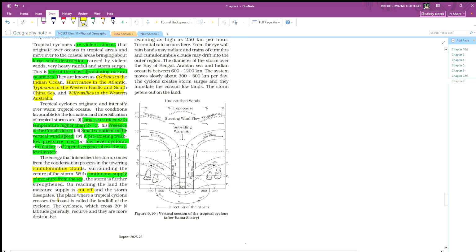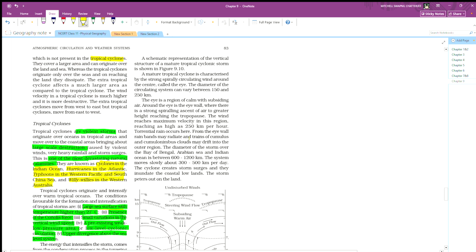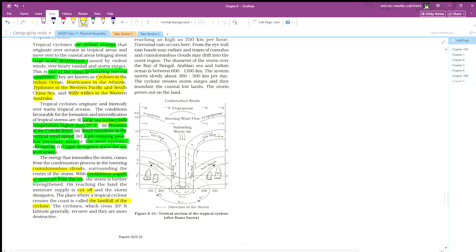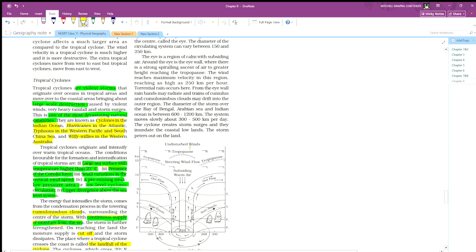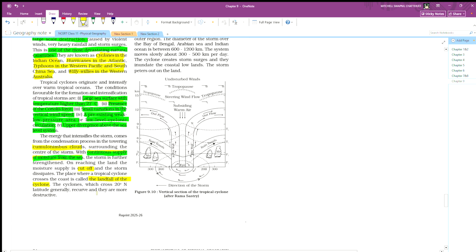The cyclone which crosses 20 degrees north latitude generally recurves and is more destructive.